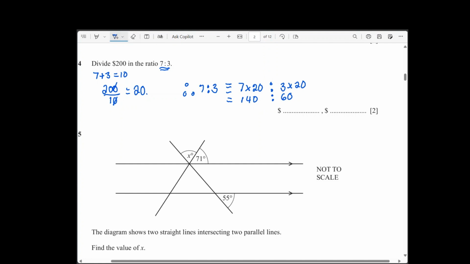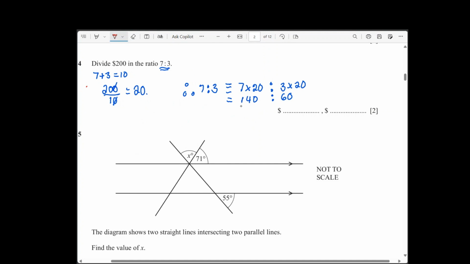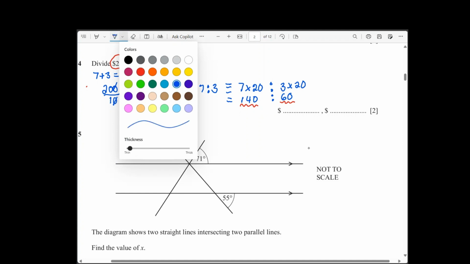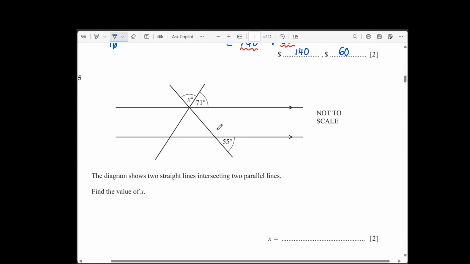Always a good idea to check your values before you write your final answer. If I add 140 plus 60, I get back my original $200. So final answer, $140 and $60, and that has been divided in the ratio 7 is to 3.